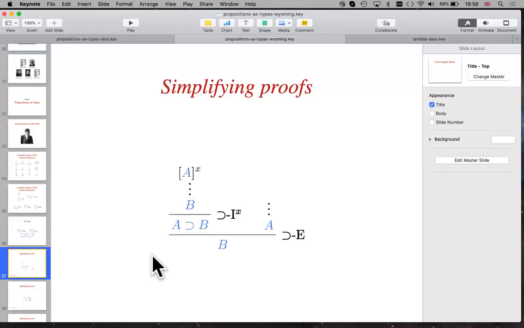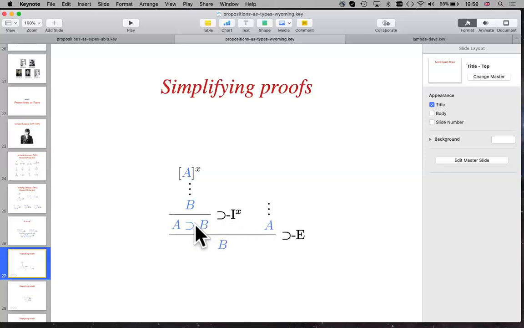So here we've got a bigger proof, right? It's got A implies B, which is not the conclusion, and it's not necessarily one of the assumptions. So he says, nope, there's a formula in the middle of a proof, you can get rid of it. And the reason why you can get rid of it is you must introduce it and then eliminate it. And you can always simplify those away. And by the way, the fact that you can do the simplification sort of justifies that the rules fit together, right?